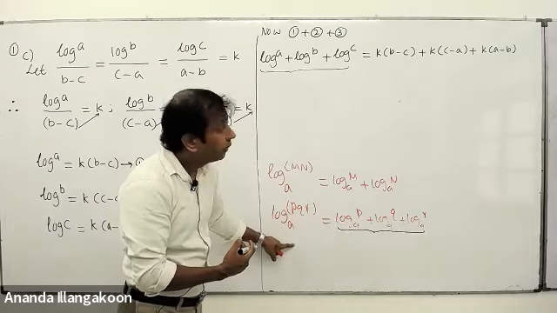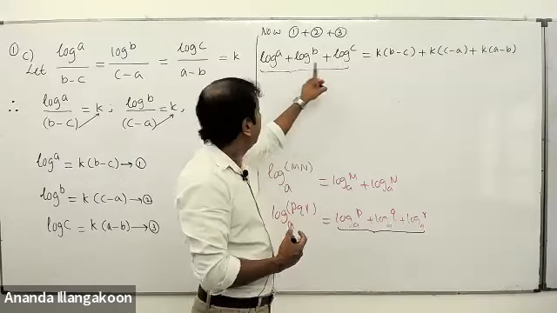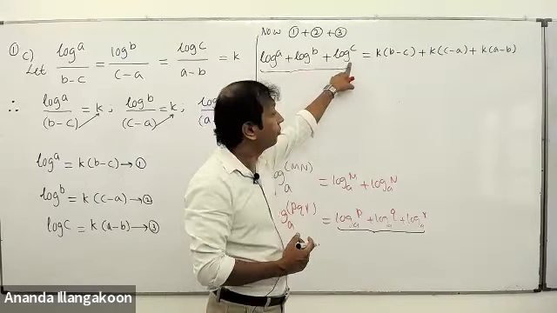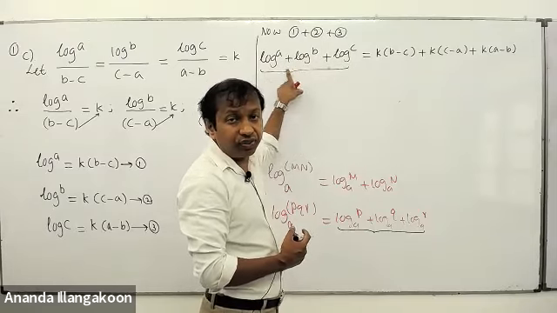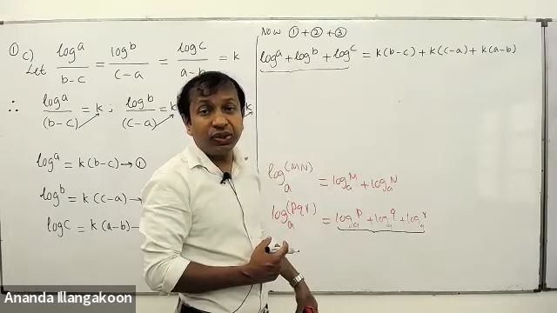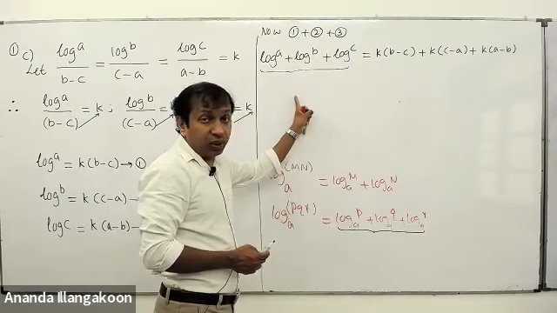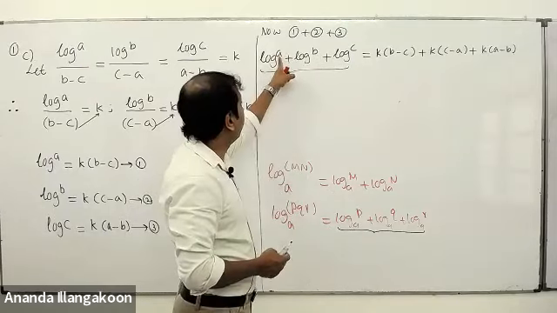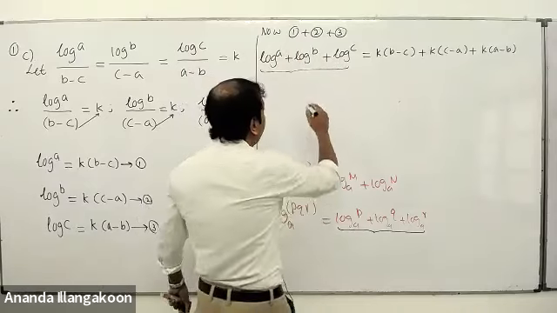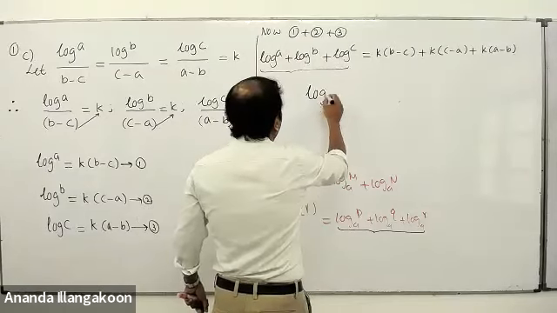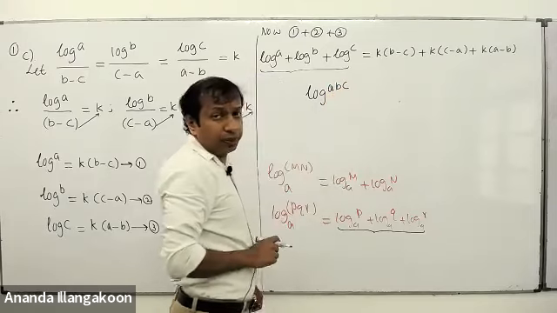Understand? Now, here also we have such a situation. The bases are the same, log terms being added. Then this sum of these three log terms, dear students, we can write as log of the product of these numbers, abc. Am I correct? So then we can write log abc. We don't worry about the base here.